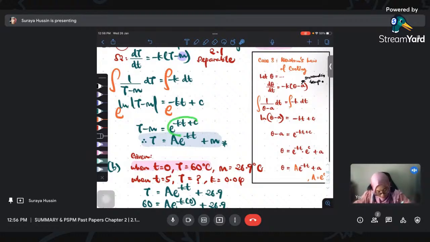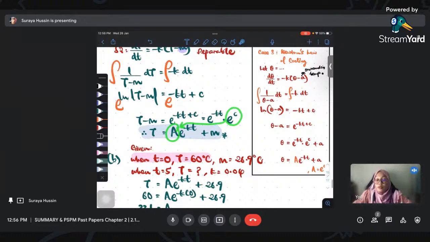Equal it with this thing, okay, everything has becoming the power, and then you have to apply the rules of indices, and you will see that, you change the e^C kepada huruf A. So what you are trying to do here is you are changing the e to the power of C into huruf A. Memang macam tu. Setiap soalan application sahaja ya, memang kita akan sentiasa tukar eksponen C kepada huruf A. Yang ini wajib.